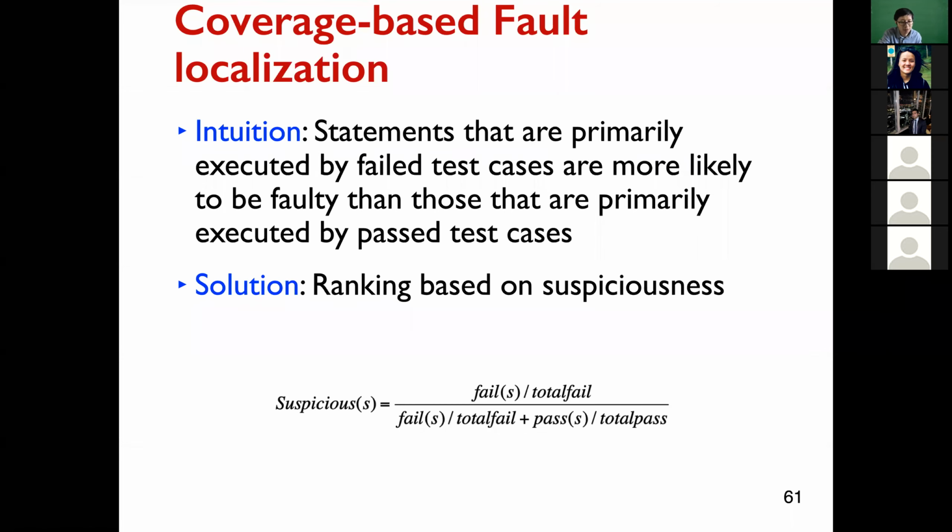Just look at this formula and check. Basically, this is a ranking of the suspiciousness. The intuition is that if this line or this statement is primarily executed by failed test cases, then it is more likely to be faulty than those primarily executed by passed test cases, right?